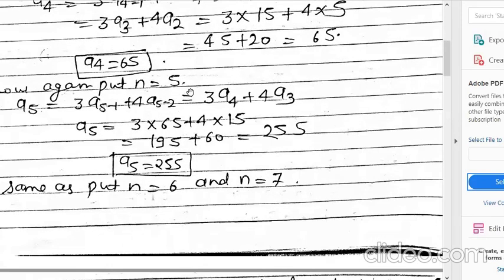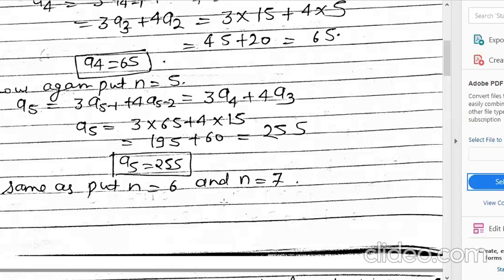Now put n equal to 5, then you will get a5 is equal to 3a_(5-1) plus 4a_(5-2), which is 3a4 plus 4a3. We have a4 equal to 65 and a3 equal to 15. Write all values and you will get a5 equal to 255.